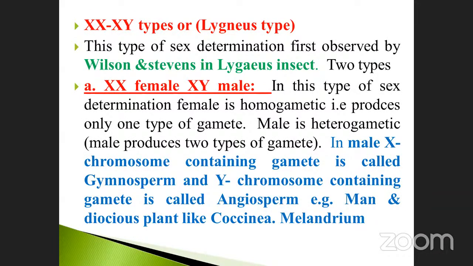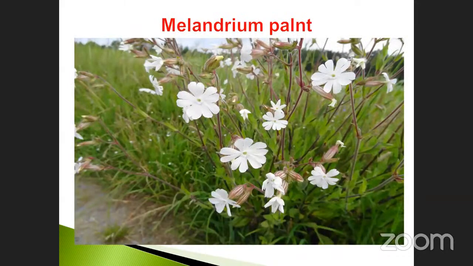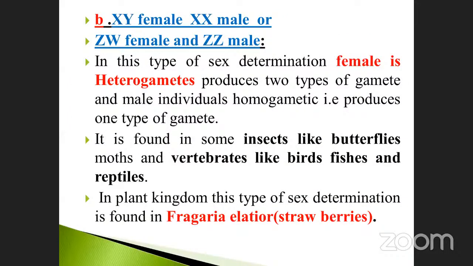Another one is the XX-XO type, in a reversible, reciprocal manner. We already discussed those things, and the plant we selected was strawberry, isn't it?